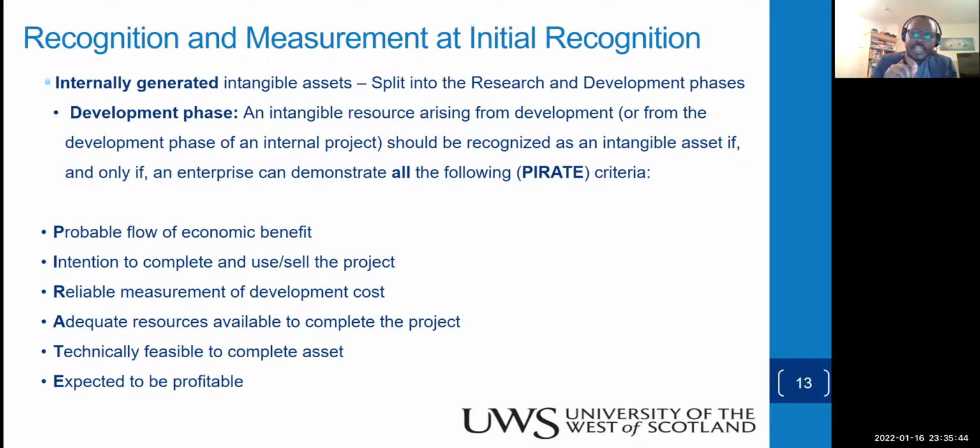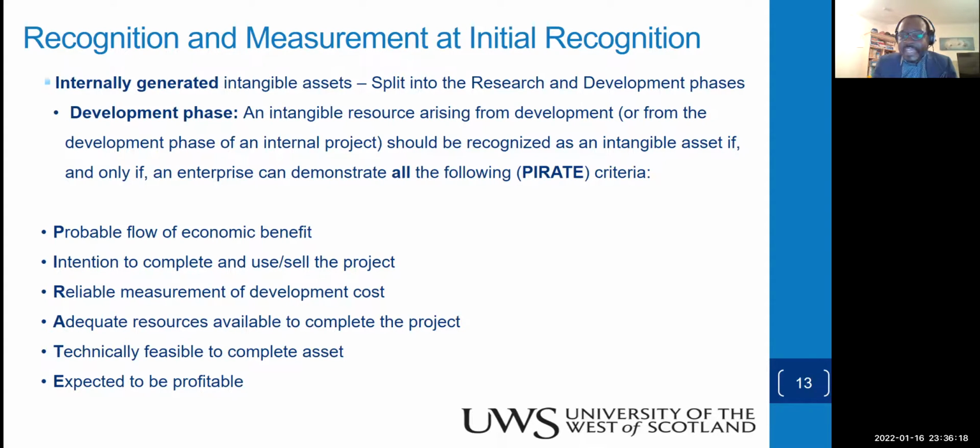The P is saying that it should meet the definition of an asset: would there be a probable flow of economic benefits arising from the use of the asset to the company? I should be the intention for us to complete it, to use it, or to sell the product. R used to be the resources, but the recent text I saw says that R should actually be reliable measurement of the development cost.